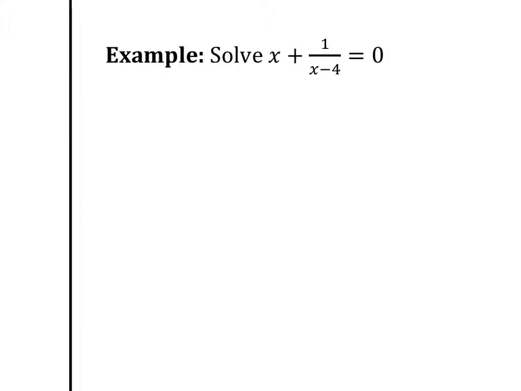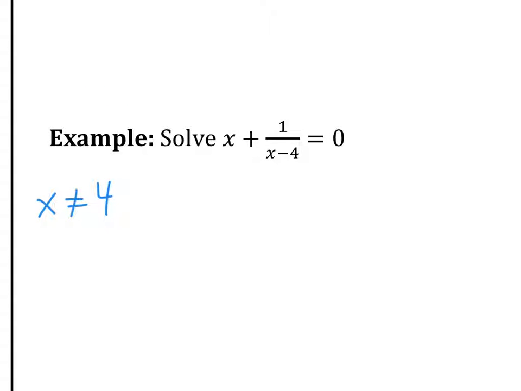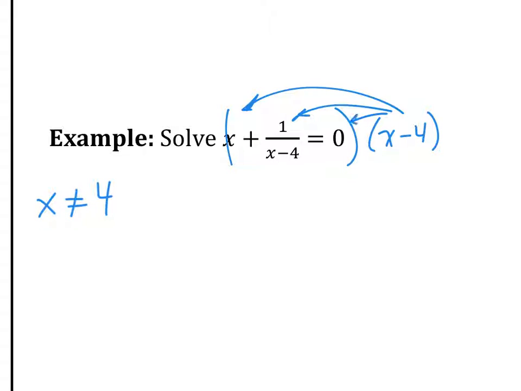All right, let's try another one. What can x not equal to? 4. All right, whatever you get, you cannot have it equal to 4. What is the least common denominator? X minus 4. Okay, so you're going to multiply that into everything, every term.